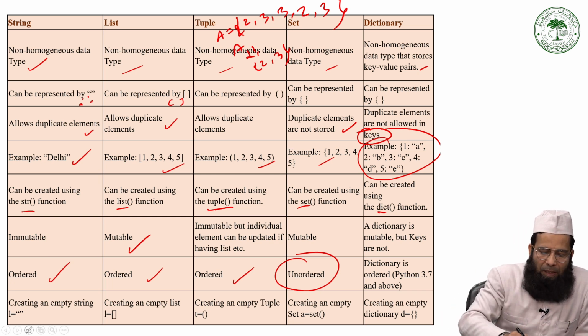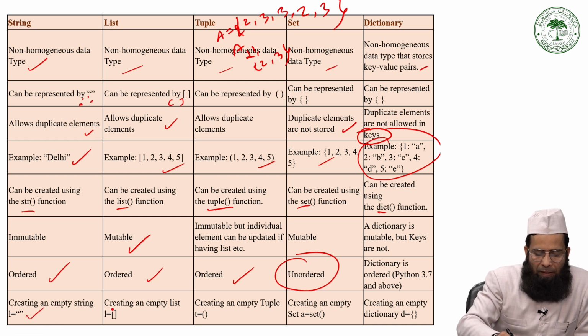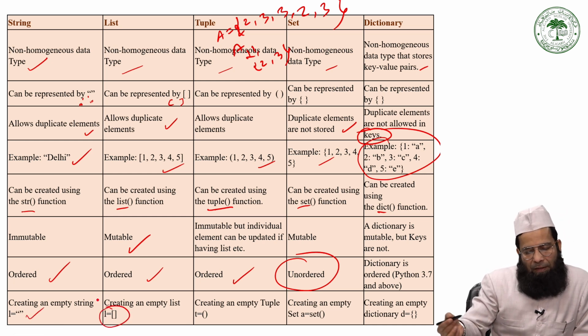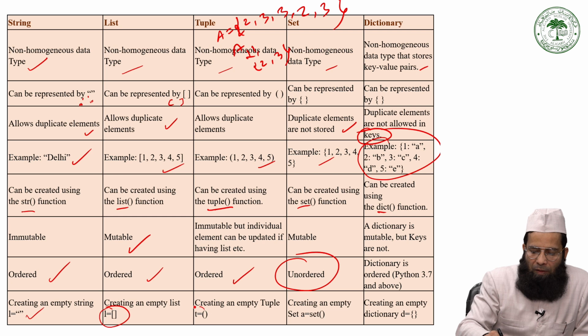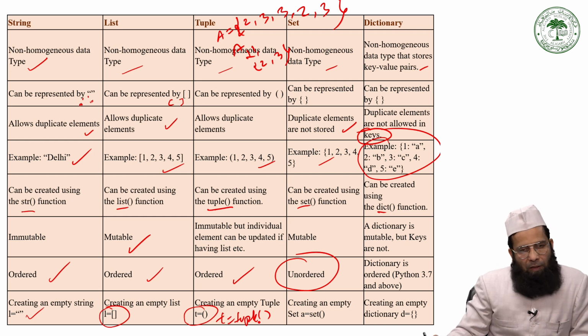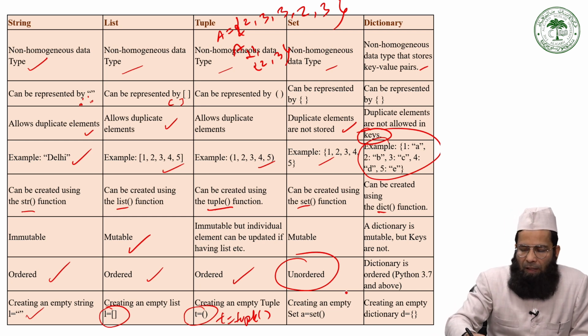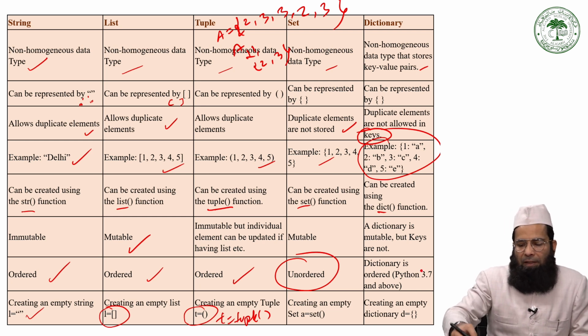You can create an empty string using this format, like here. Similarly, you can create an empty list, or you can write t is equal to tuple, which would create your empty tuple. In this way you can create an empty set, and similarly a dictionary.